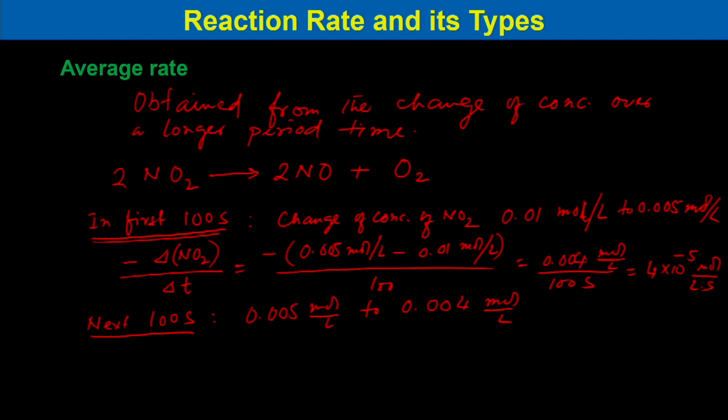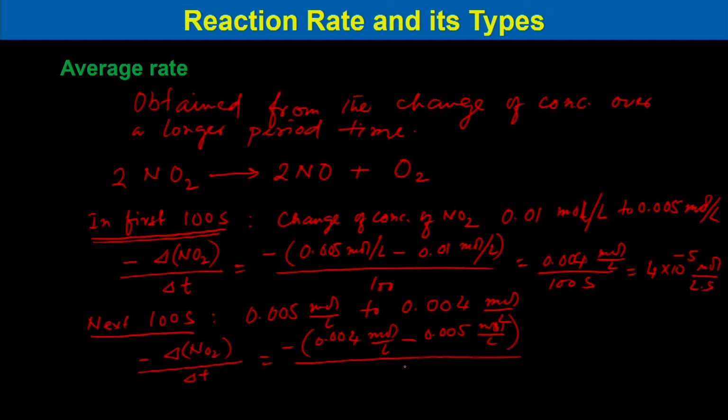So, then we can calculate minus delta NO2 by delta T, which would be equal to minus (0.004 mole per liter minus 0.005 mole per liter) divided by 100 seconds.